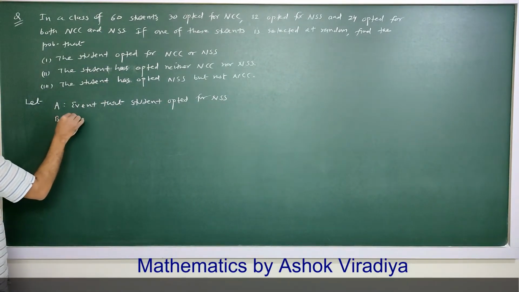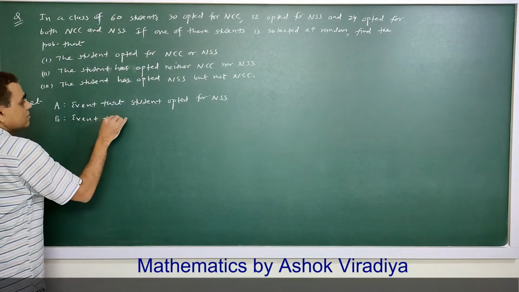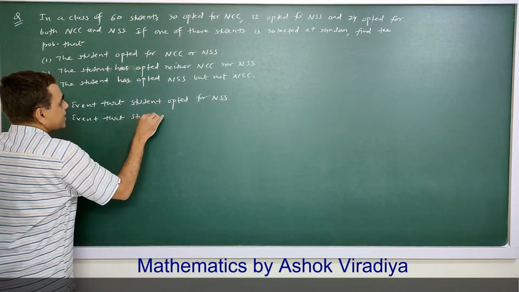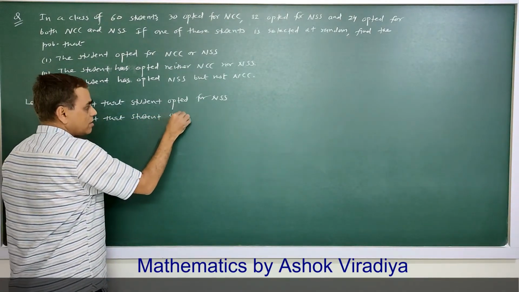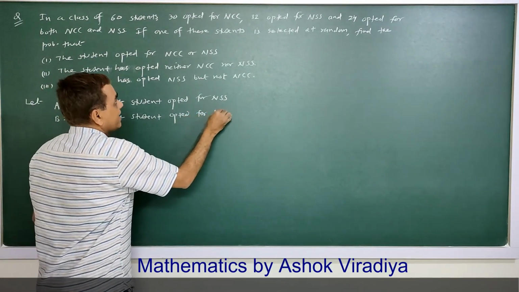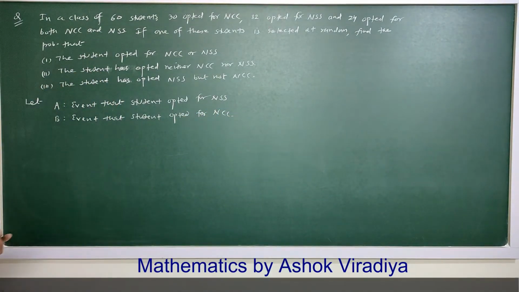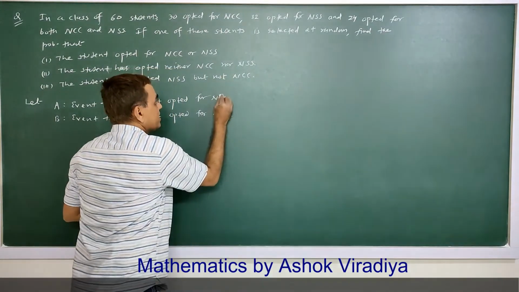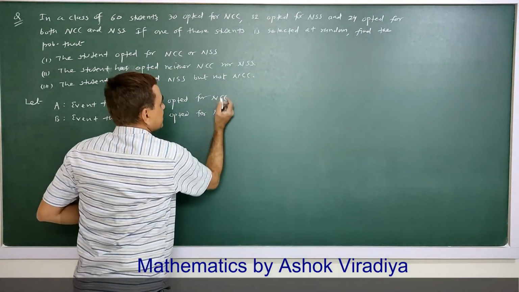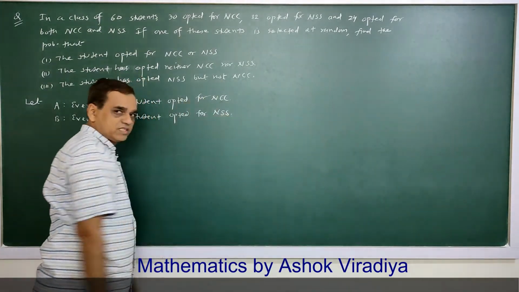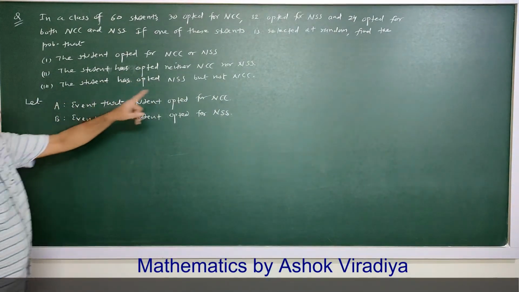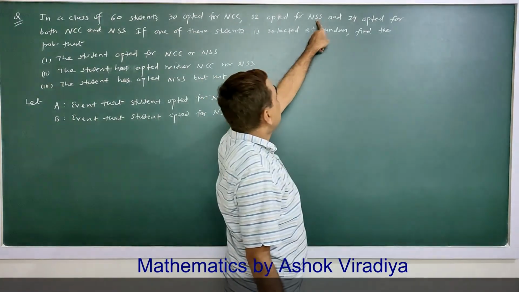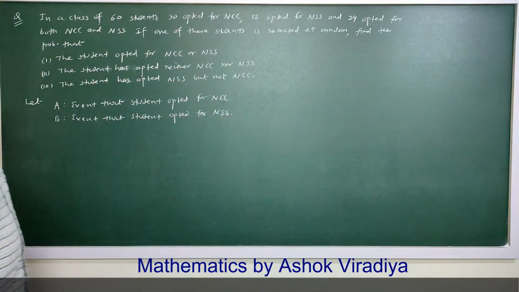Since the problem lists NCC first and then NSS, I am changing the order of these: event A for NCC, then event B for NSS.